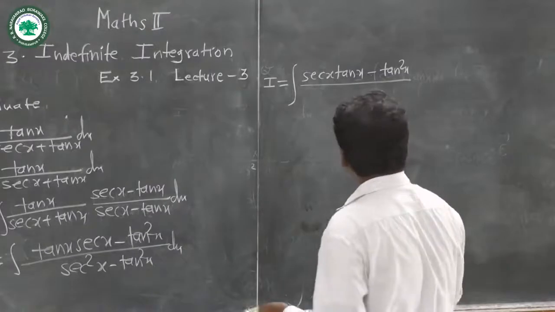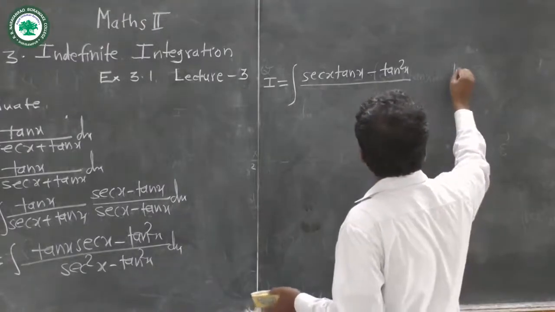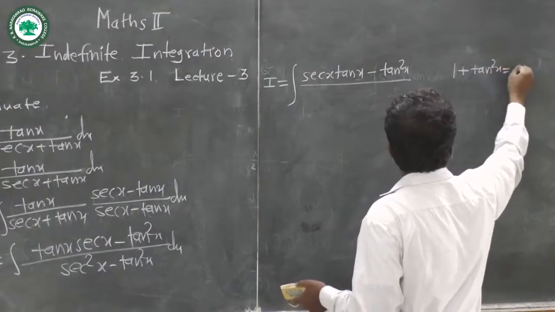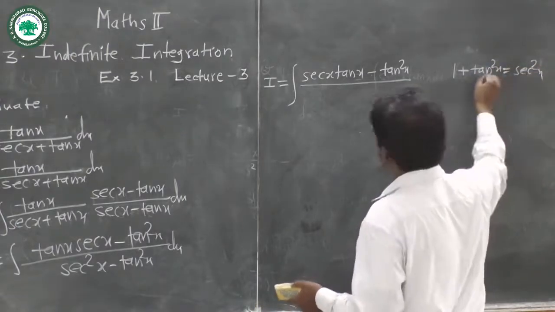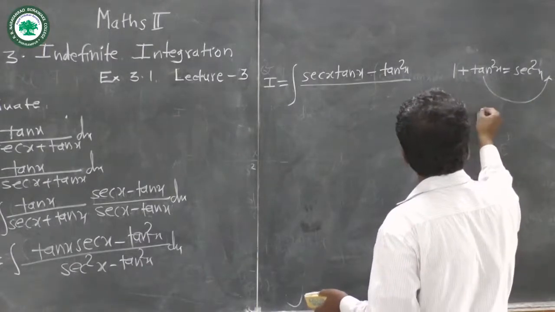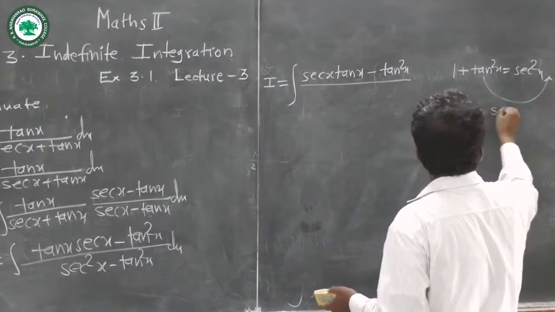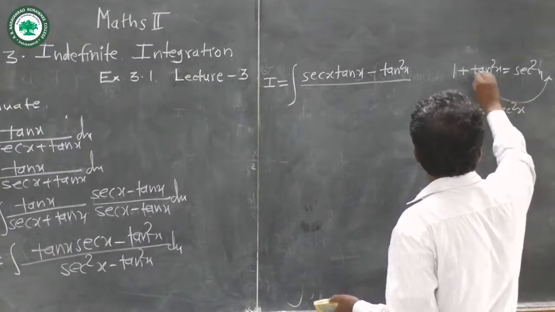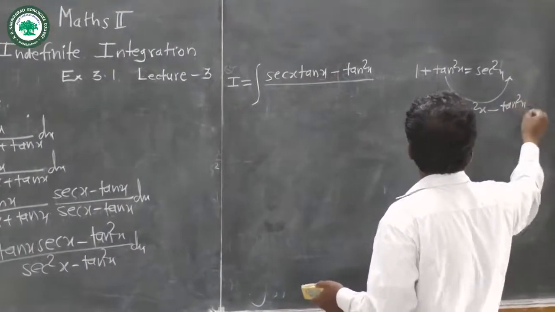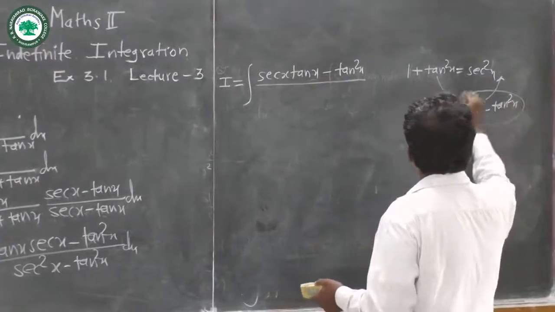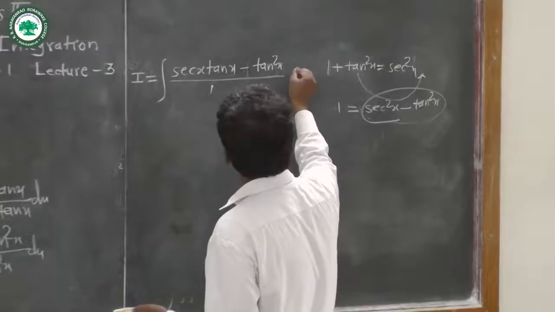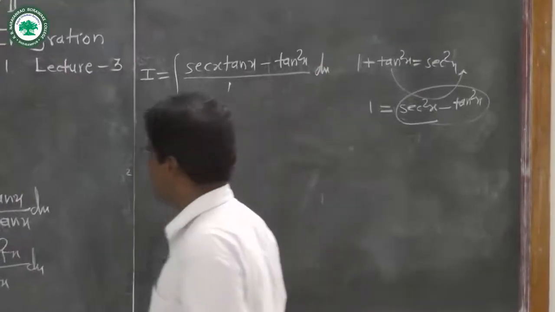Use the second fundamental identity. Second fundamental identity is 1 plus tan square x is equal to sec square x. Now carry this tan square x to the right hand side, and therefore we get 1 is equal to sec square x minus tan square x. So sec square x minus tan square x is 1. So here denominator is 1 dx.